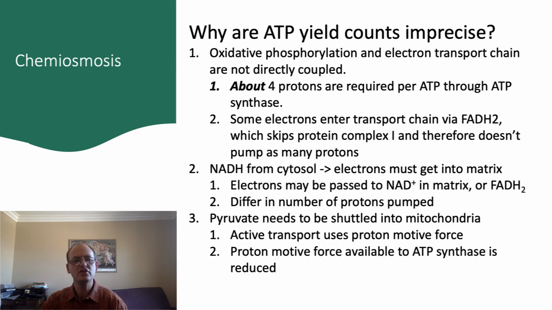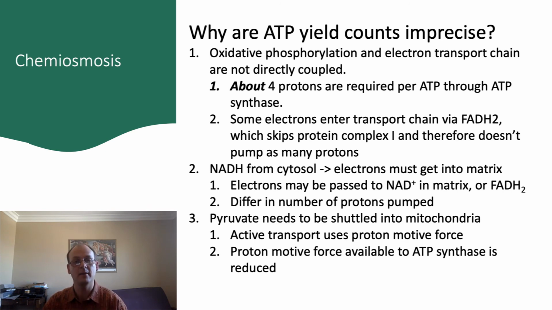Well, there are essentially three reasons why we don't have a very precise count of the number of ATP produced per molecule of glucose. The first reason is that oxidative phosphorylation and the electron transport chain are not directly coupled together. Biochemists have estimated the number of protons required to go through ATP synthase to produce one molecule of ATP.